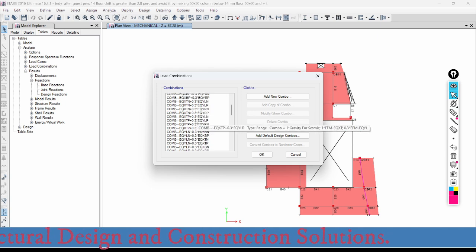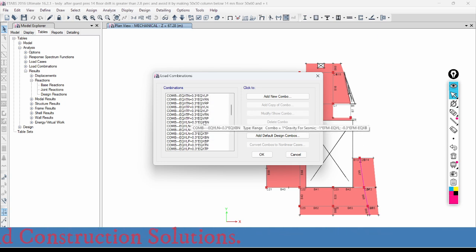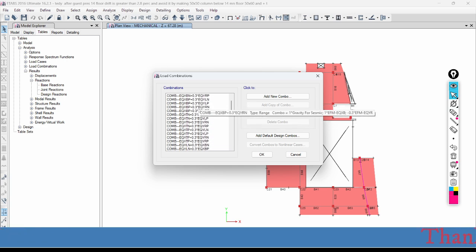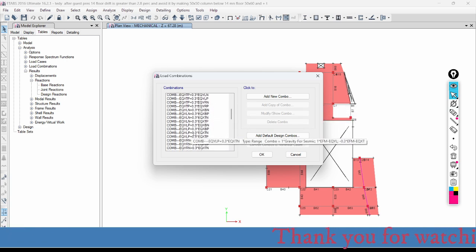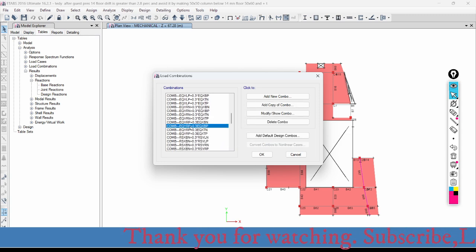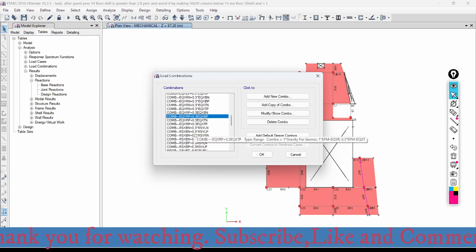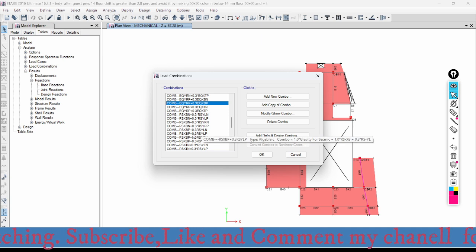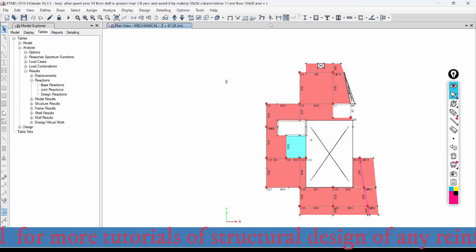I will not go in depth for every combination, but 32 combinations are combined here. And also for the response spectrum load cases, 32 load combinations are combined here, and I have analyzed the model and I have got the results.